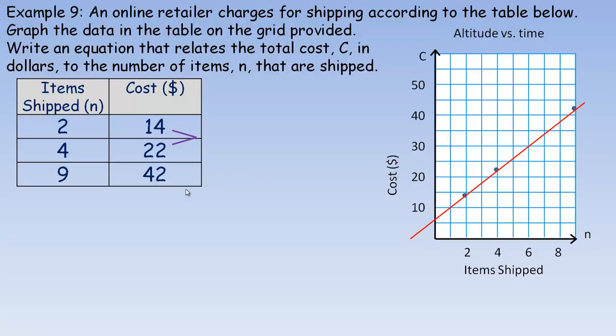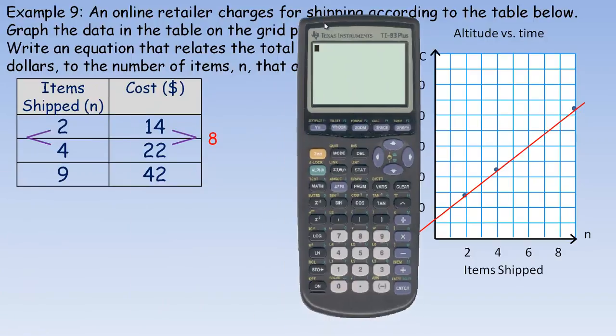So let's calculate the rate, which is how much they're being charged per item, and I'll explain why. If you look at the differences, and I'm only going to go between 2 and 4 and then 14 and 22, this difference right here is 8. Again, you have to make sure that you're subtracting those numbers in the right order. If you went 14 minus 22, that's negative 8.